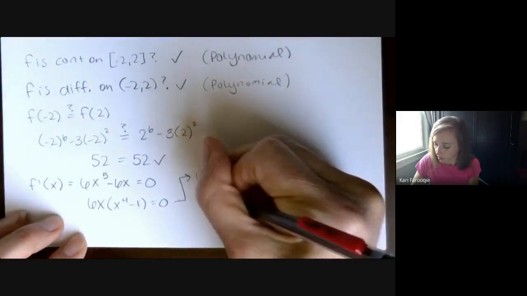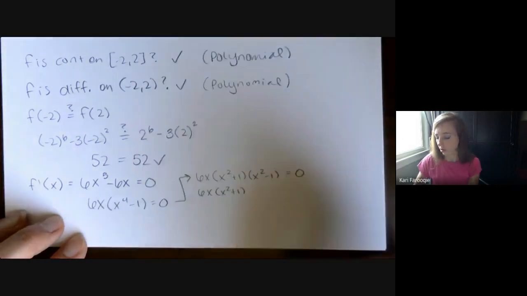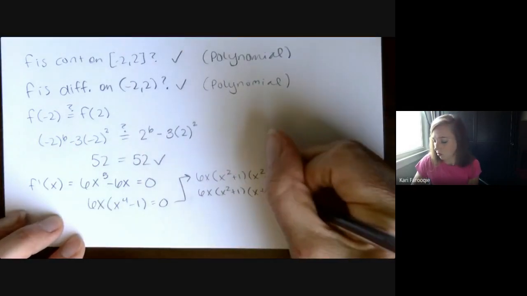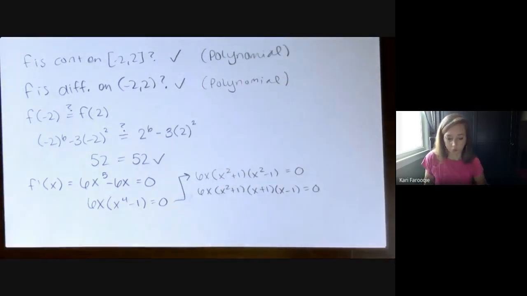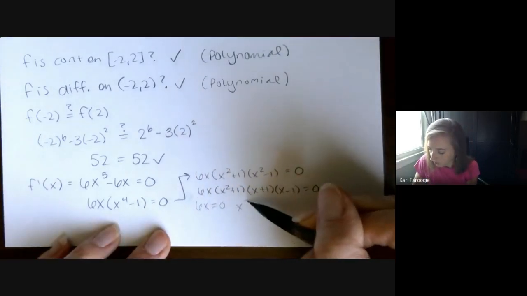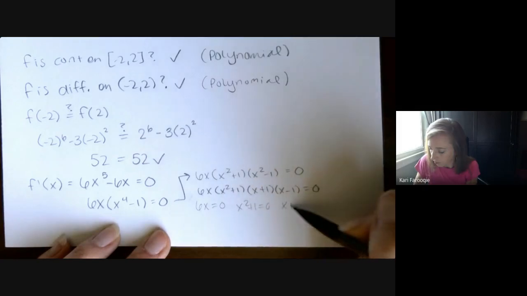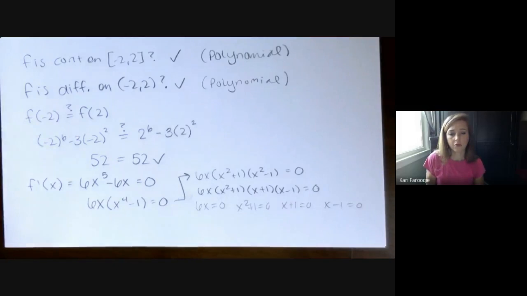Notice now that you can factor this one more time. I can't factor the sum of two squares, but I can factor x squared minus 1 as x plus 1 times x minus 1. And now I can solve this equation using the zero factor property. And I have 4 different equations that result.